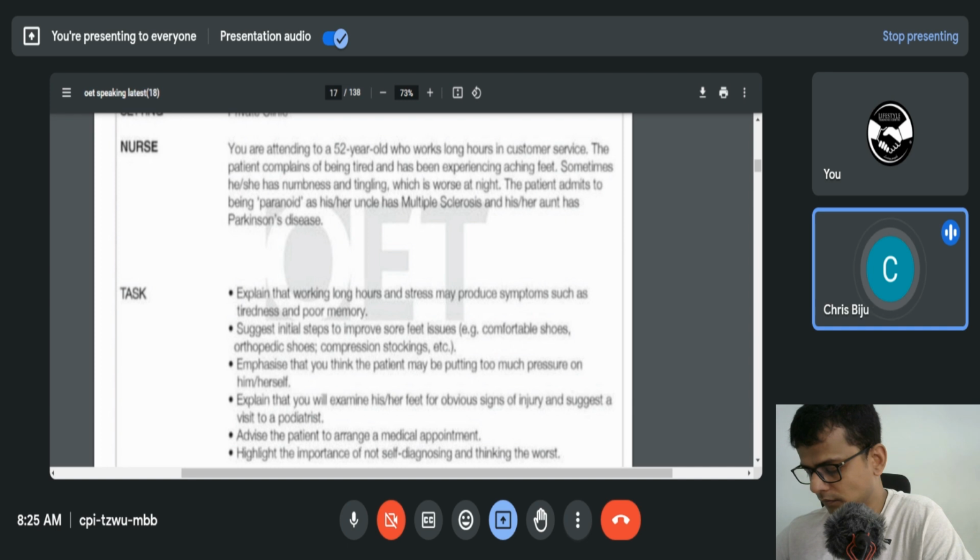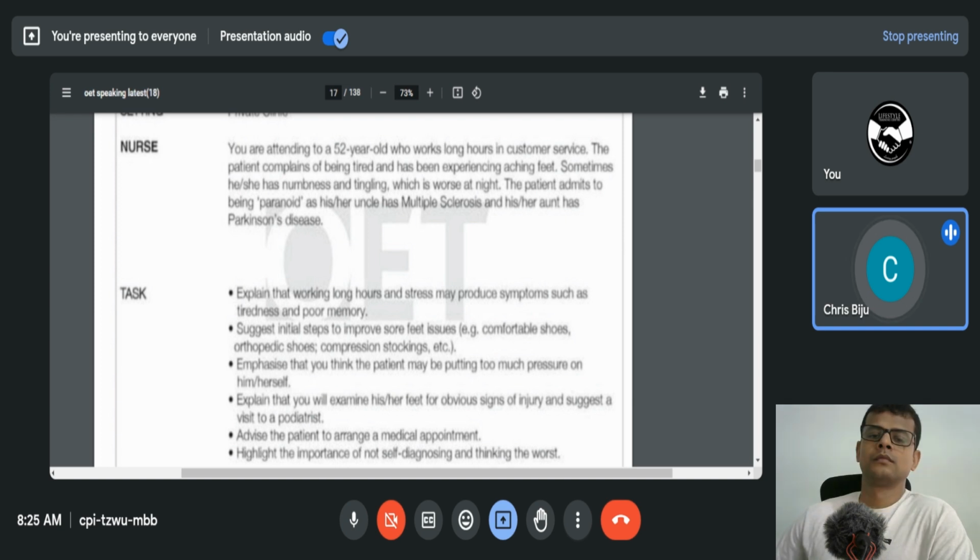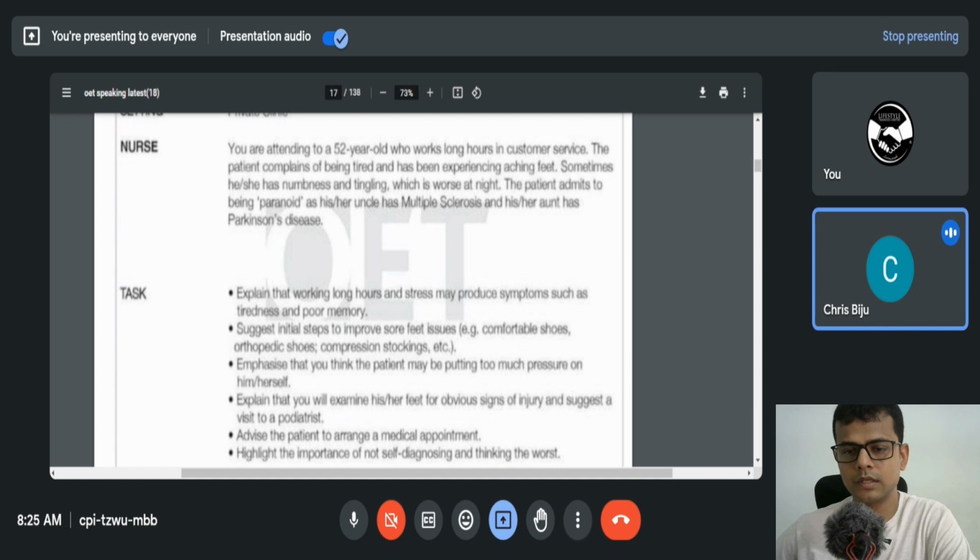It is very important that you avoid self-diagnosing and overthinking. Thinking will not make things better, it will make things worse. Do you understand? Yeah, that's good. You did great.